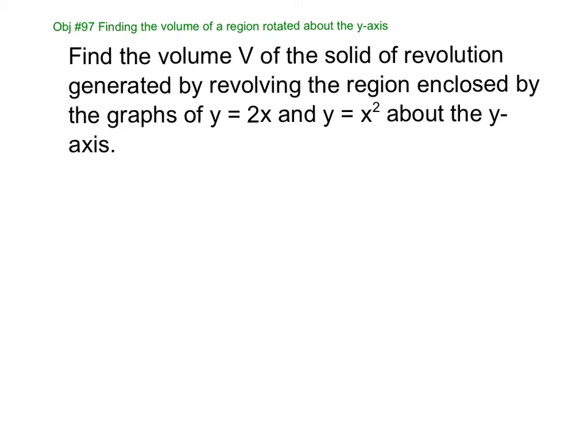All right, we actually did this one before, but now we're doing it in terms of y. So this was like on our Monday lesson, I think. So we have y equals 2x, y equals x squared. So we have our x squared, 2x. And we are rotating that about the y-axis.